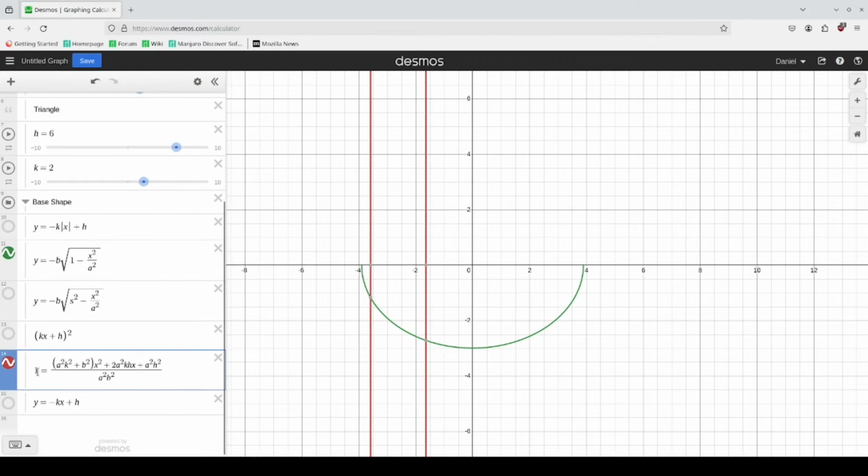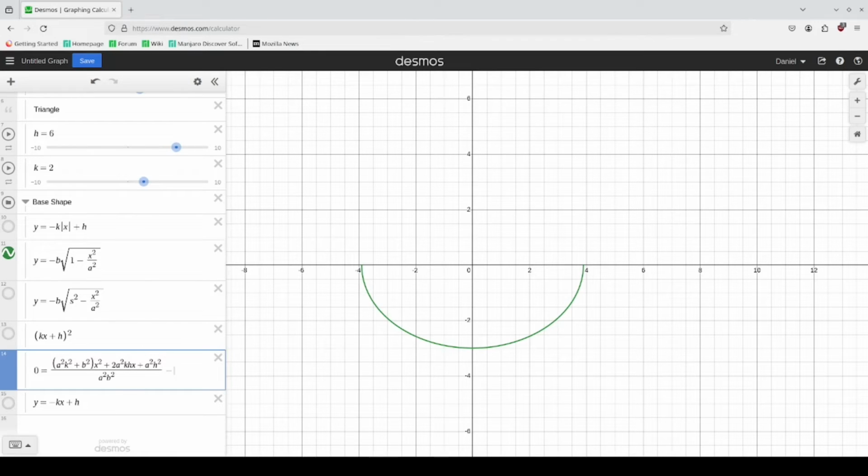All right, now we subtract 1 onto the other side, and this would mean subtracting a squared times b squared on the numerator. Let's just move this upstairs.